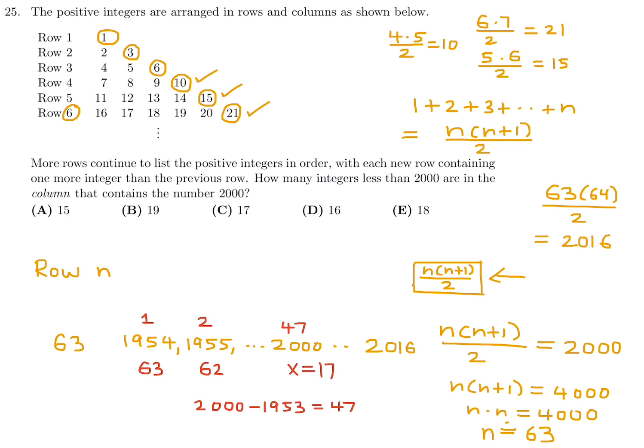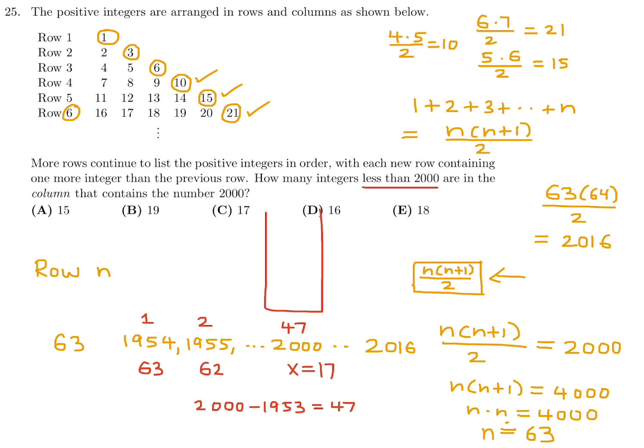Okay? Now, just when you think you're done with the question, there's one final trick. Please do not circle 17. You say, well, why? Isn't that the right answer? No. Read the question carefully. How many integers less than 2,000? So they don't want you to include that 2,000. They want you to include all the column above it.